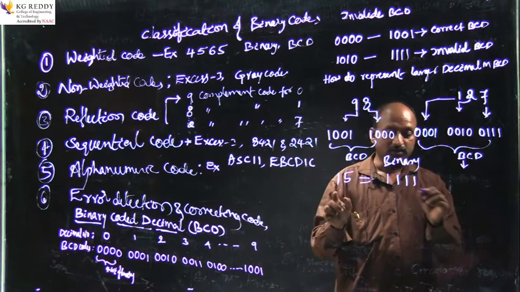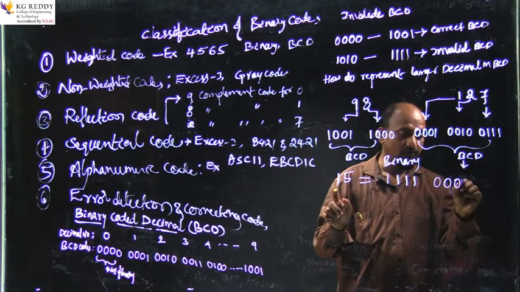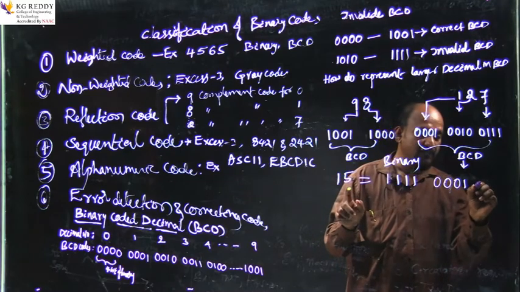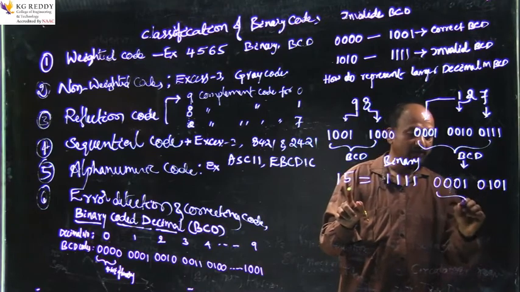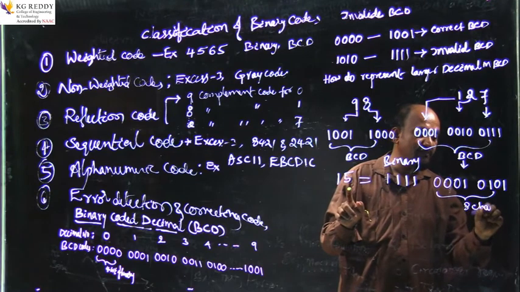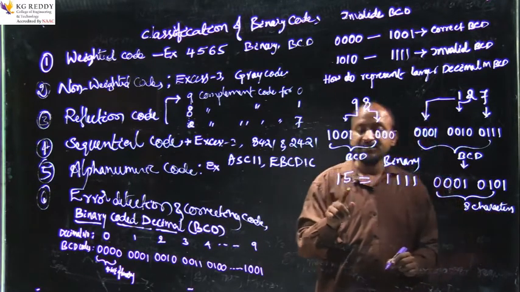That means 1 can be 0, 0, 0, 1, and 5 can be 0, 1, 0, 1. So how many characters are there? We require a total of 8 characters to express the number 15.